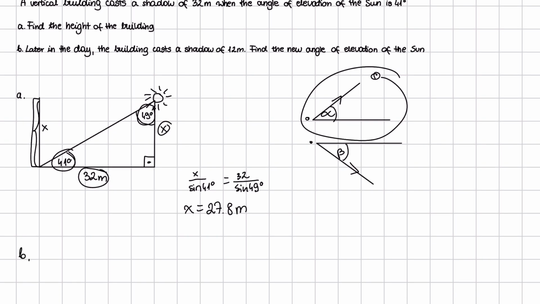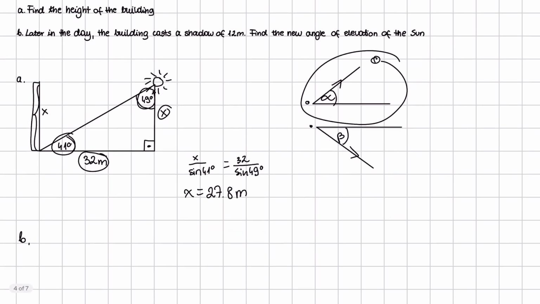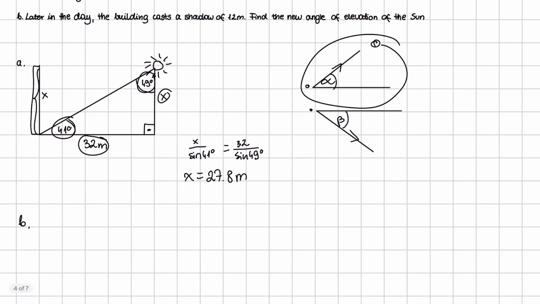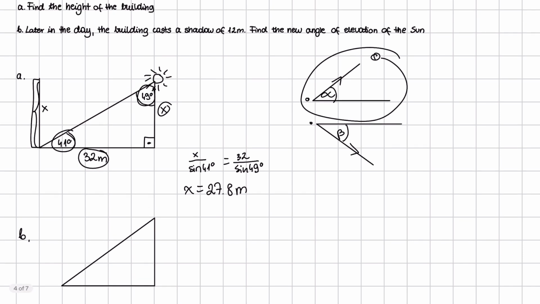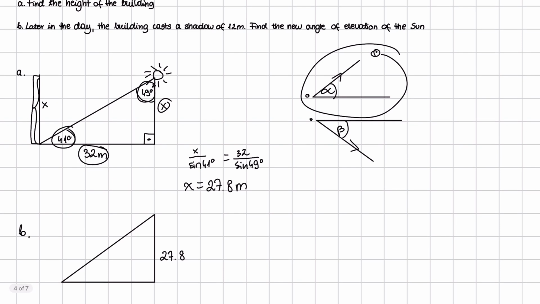And B, later in the day, the building casts a shadow of 12 meters. Find the new angle of elevation of the sun. So once again, we can draw our triangle like this. Of course, the building is still the same, so the length is 27.8 meters.